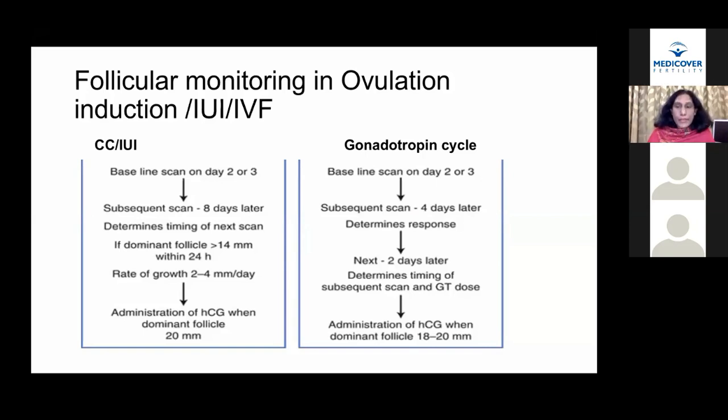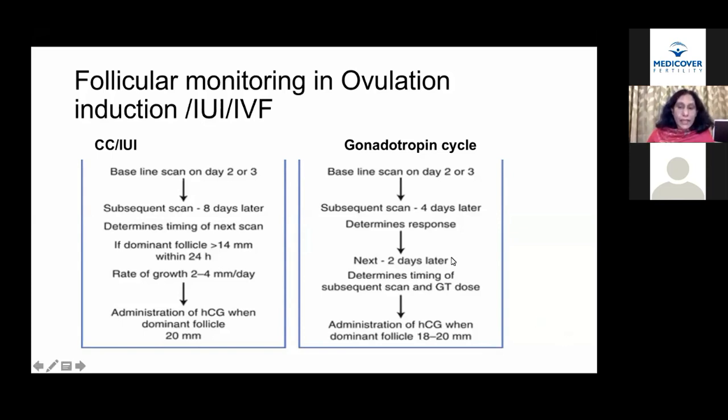We start with the dose and then on the second or third day, we call them either on day 5 or day 6. We check the response. If it's a good response, in IVF, we may add another medication. If the response is too much, then we may have to reduce the dose of injections.